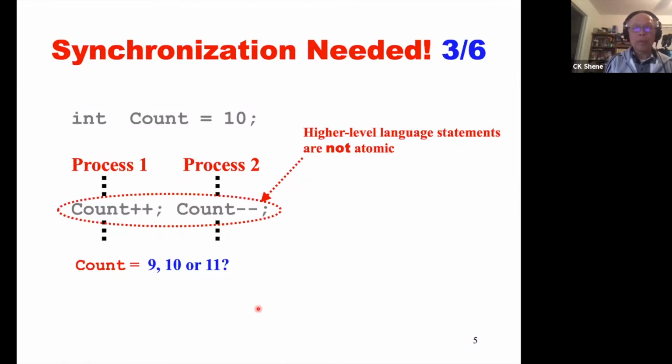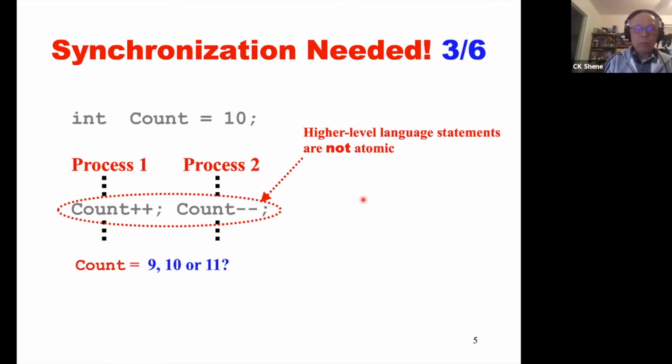But first things first, you have to disregard higher level language statements, because higher level language statements are not atomic. Remember, what is the meaning of atomic? Atomic means only one can do things at a time, right? Please check the atomic instruction slides we talked about earlier.